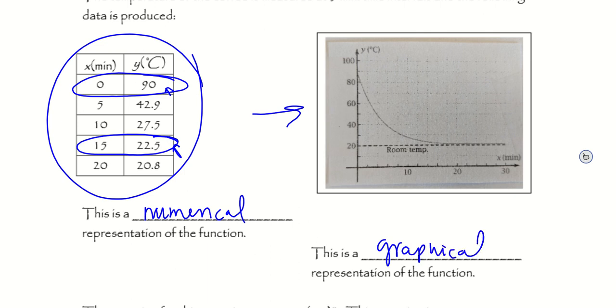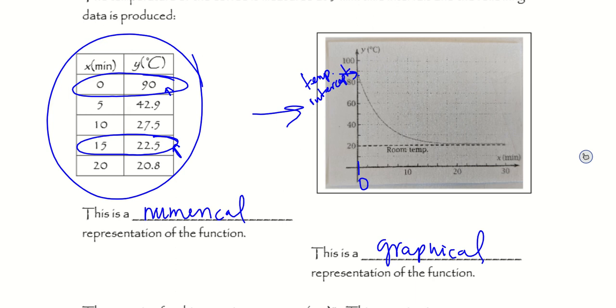Remember that a graph is just made up of a set of points. So if we look at this graph, we have a point right here, and that point is telling us that at 0 minutes, when the coffee is poured, it is at 90 degrees Celsius. This is our temperature intercept. Right?